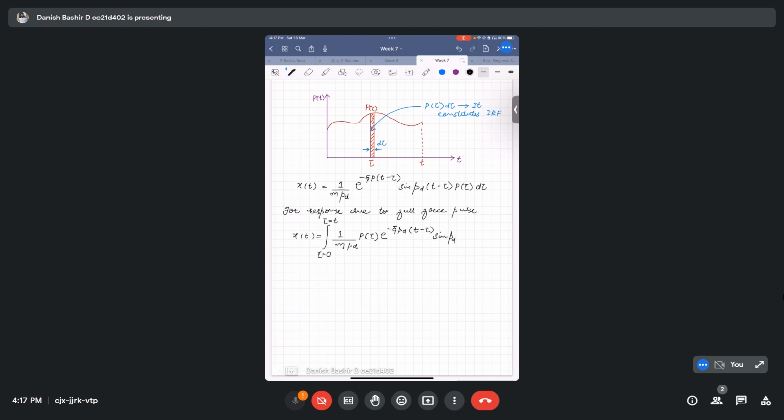Sorry, it will not be just t minus tau, it will be omega_d (t minus tau), okay. So we are having this thing, so we are getting a very beautiful integral. This is known as the Duhamel integral.